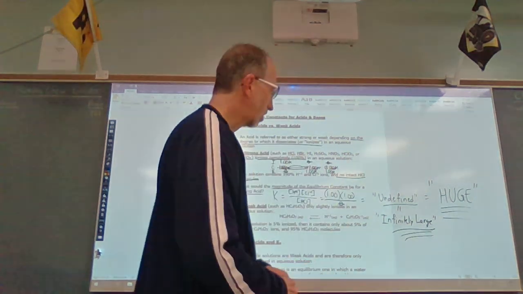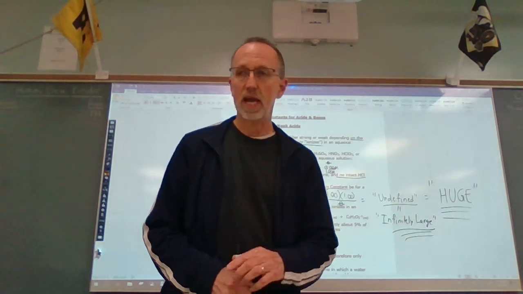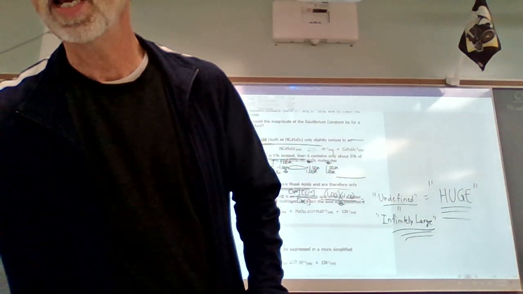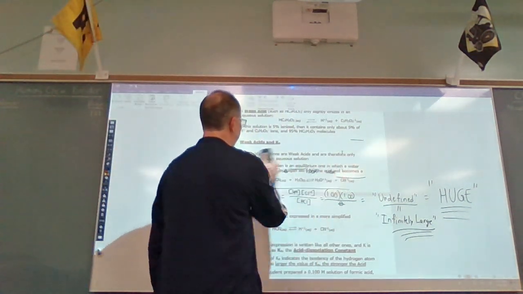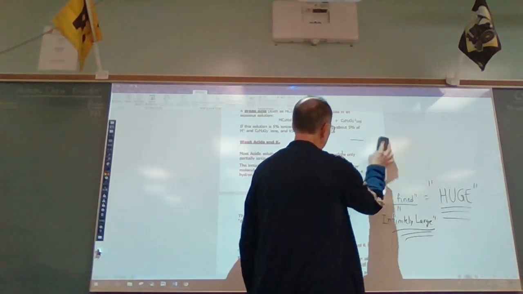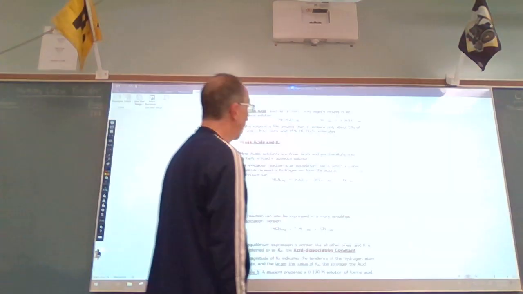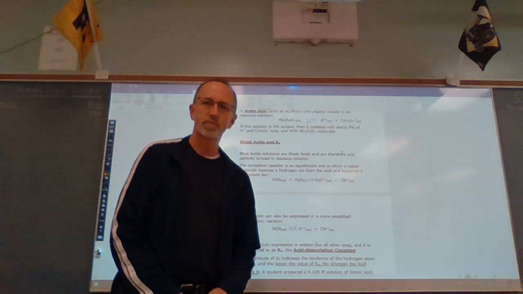Okay? All right. Let's compare that then to a weak acid, shall we? Let me advance this here. So a weak acid, which would include any acid other than the 7 we just talked about, is only slightly ionized in solution to some degree.